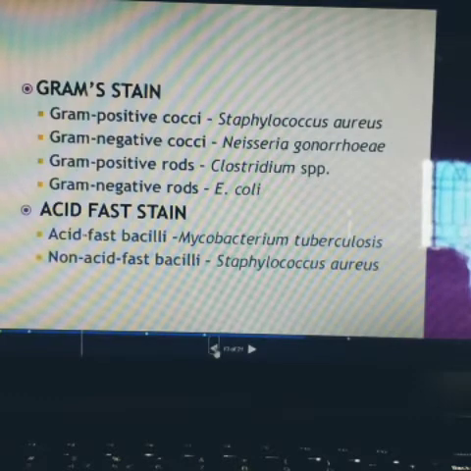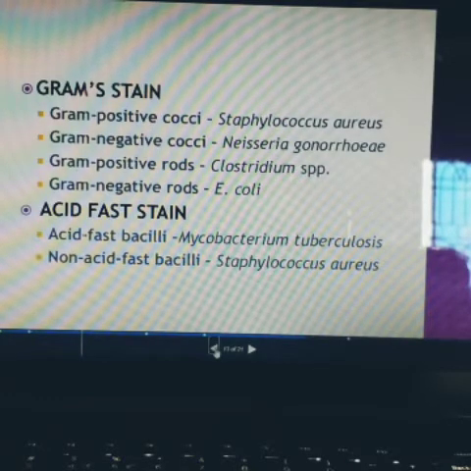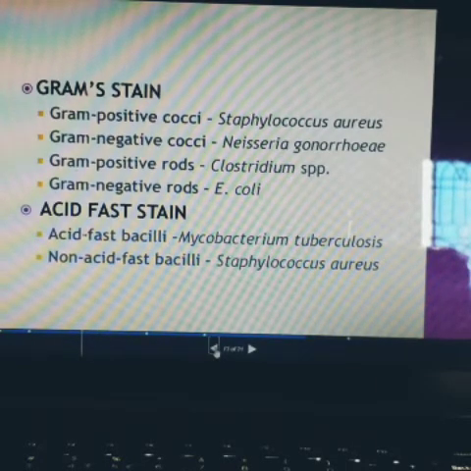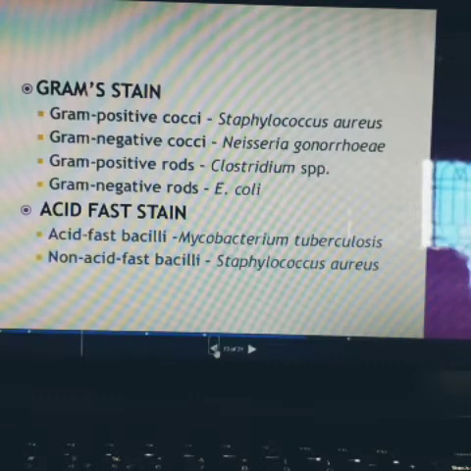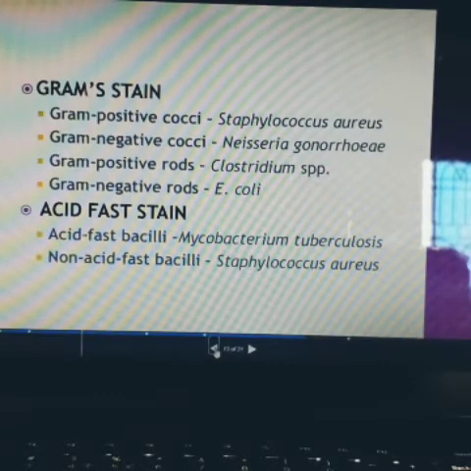And gram positive bacteria, rod shape of the bacteria, this is a Clostridium bacteria. And gram negative rod shaped bacteria, E. coli bacteria, those are the stain method of the bacteria. So stain method में gram positive कैसे आइडेंटिफाई कर रहे हैं, violet कलर obtain करेगा तो gram positive है.